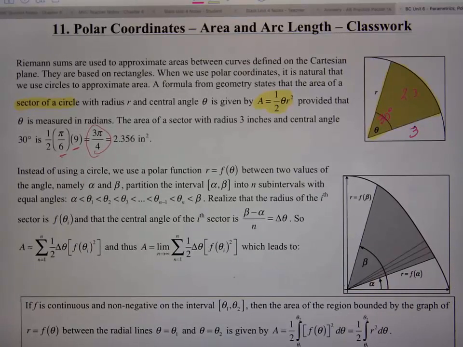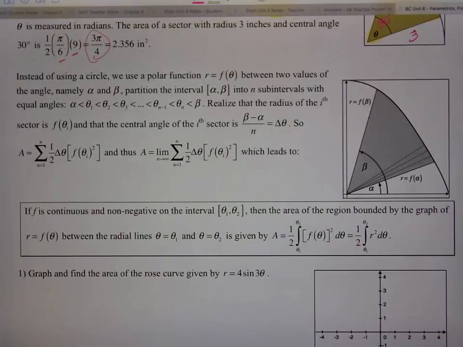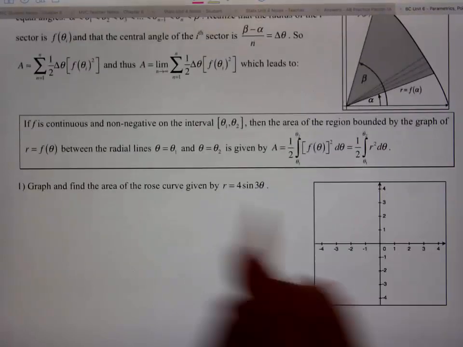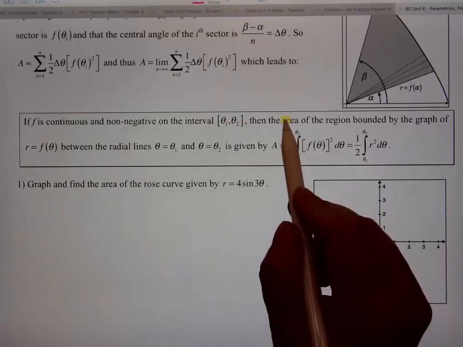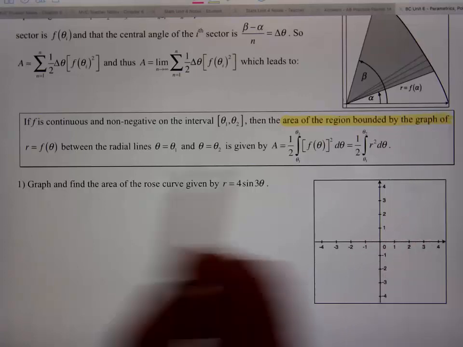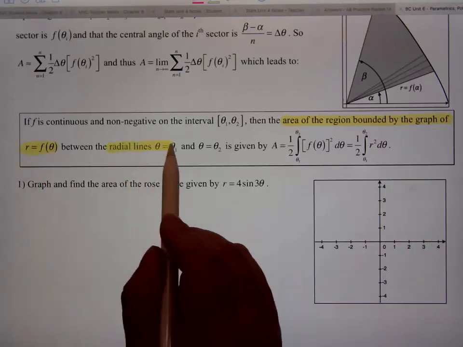Okay? So the next part of this goes into how they make Riemann sums, or shrink those pie pieces down to very thin ones. And so we come up to here, and here is our formula that's on the sheet. The area of the region bounded by the graph of r between the radial lines theta 1 and theta 2.